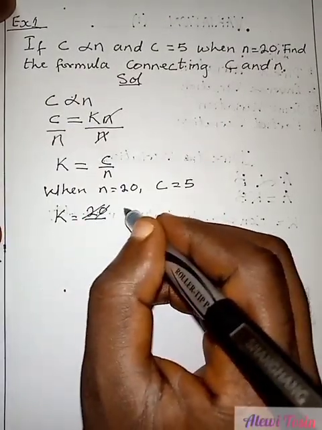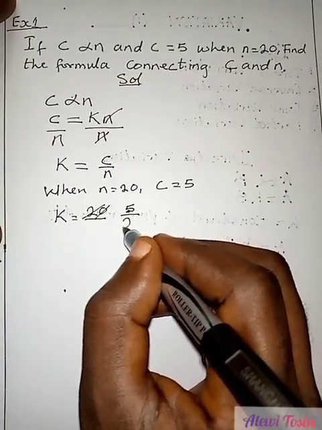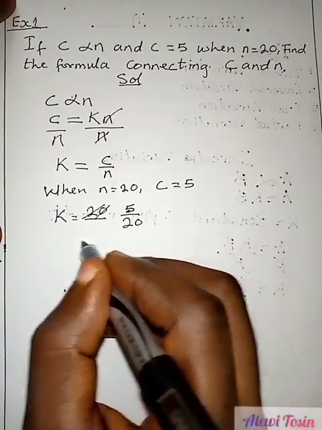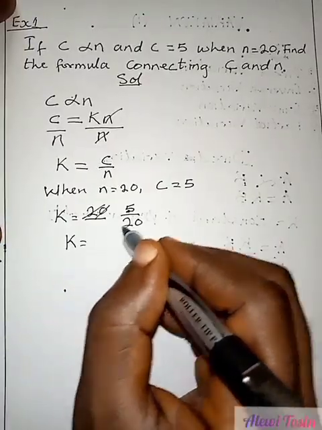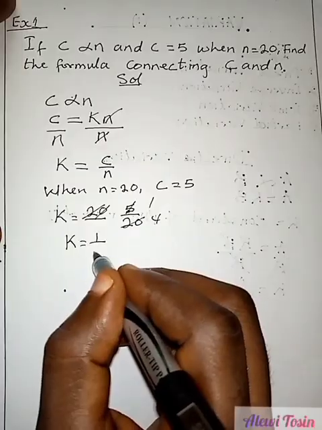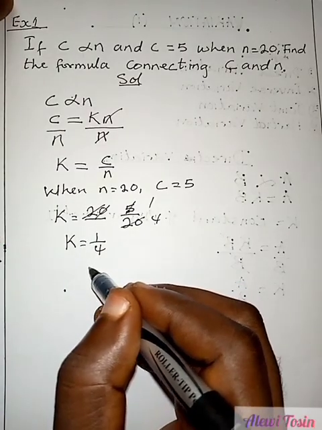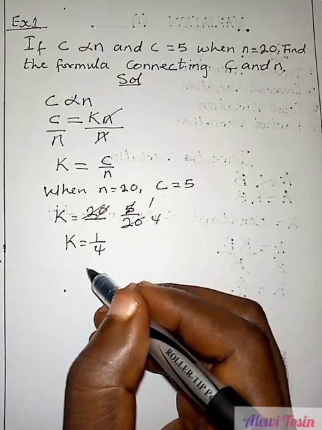Okay, C is 5, sorry, and N is 20. So K is equal to 5 over 20. 5 in 20 is 4, so K is 1 over 4. Now, our constant here is 1 over 4.